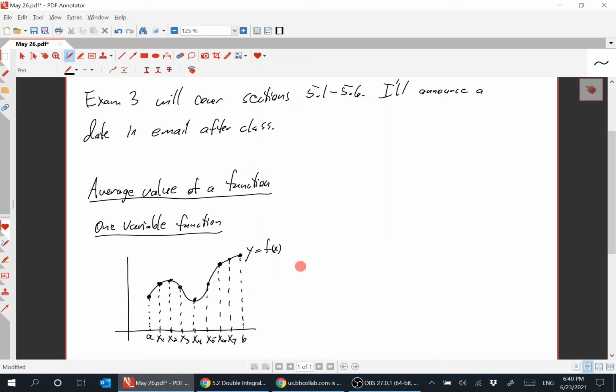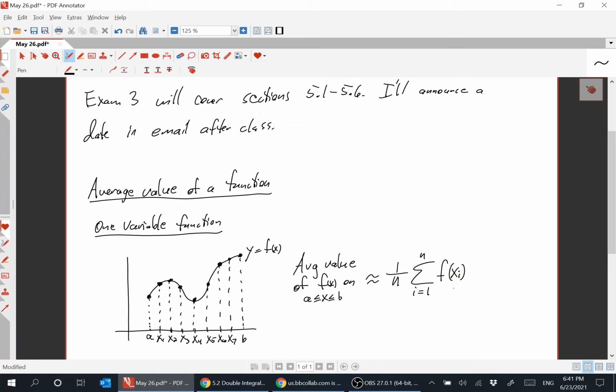So the average value of f of x on a less than or equal to x less than or equal to b. Well, it's reasonable to assume for a continuous function that the average value is approximately what? The sum of these n sample points, f of x_i. Right?